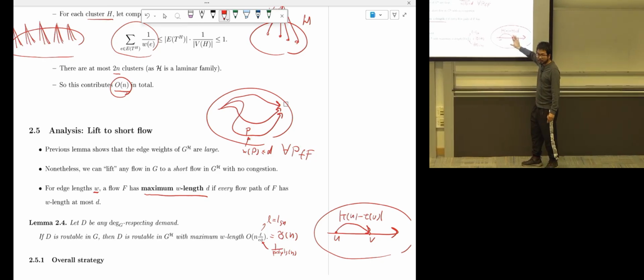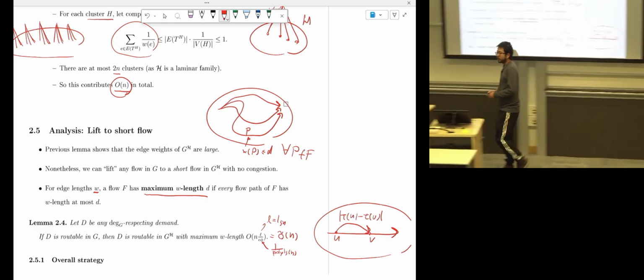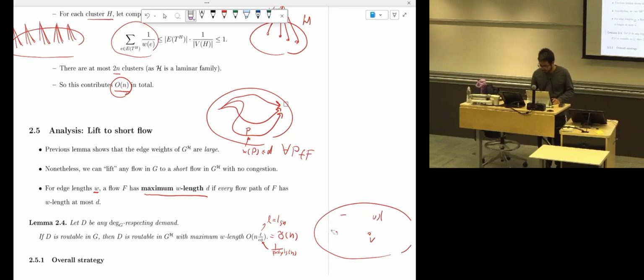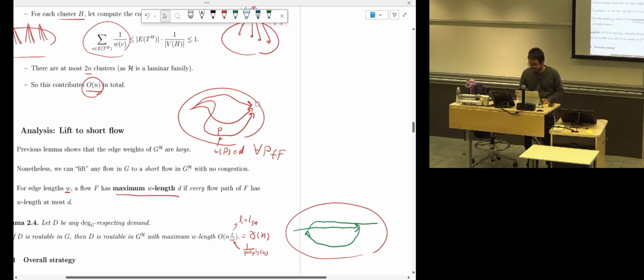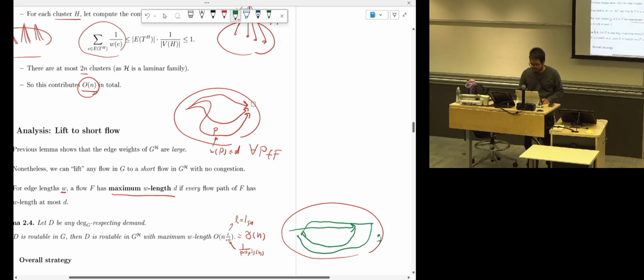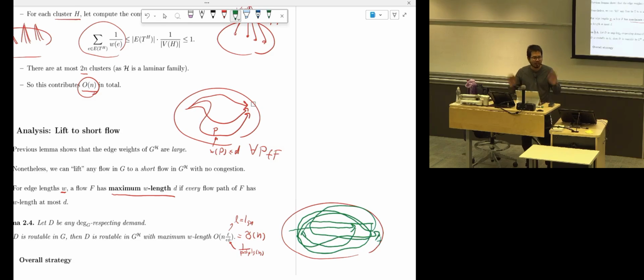The flow can actually be long. Why? Because there could be a flow path that first increases in the topological order, and then uses some backward edge, and then goes here, almost reaches T, but then goes back, and then goes back again. It can keep doing this, so it can be really long.